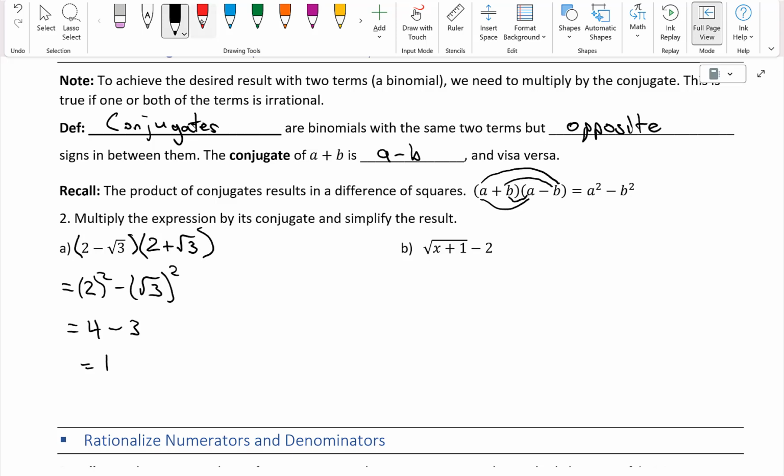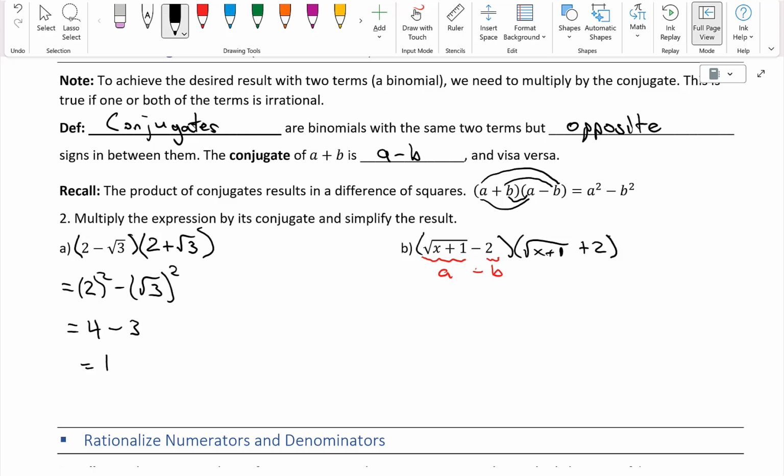For b, we want to make sure that this whole radical is our a, or make note of it, right? So it's a minus, this is our b. So when we multiply by our conjugate, we need an a plus b. That becomes a root x plus 1, right? It's important the sign under there doesn't change. That term has to stay the same.